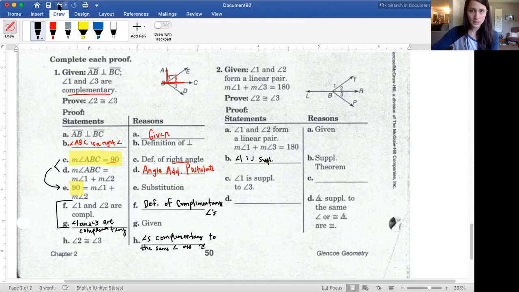My writing is not very good, but I would say angle 1 is supplementary to angle 2, because the supplement theorem tells me that if two angles form a linear pair, then they are supplementary, or they have to be 180 degrees. And then it's saying angle 1 is supplementary to angle 3. So that's going off of this given right here. And that's, I think, also the supplement theorem, right?